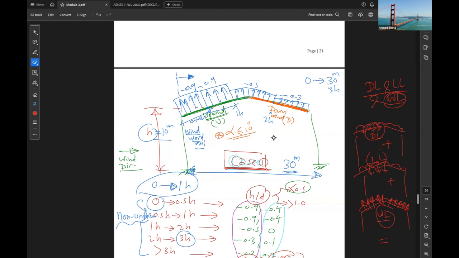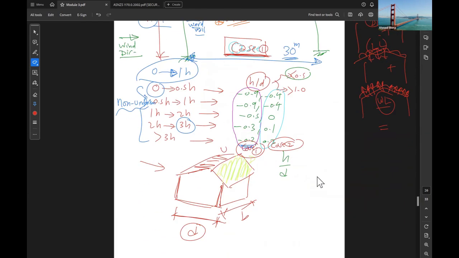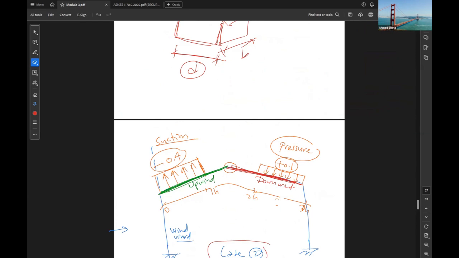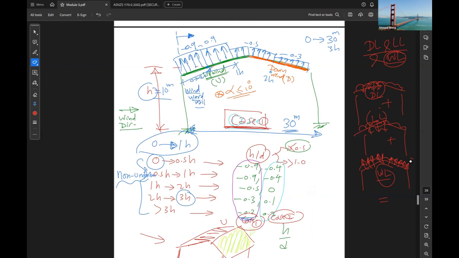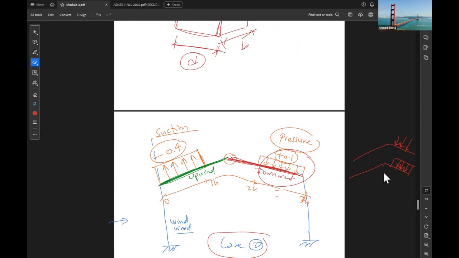So the standard tries to give all the possibilities to assume the critical case. That's why it gives us this case here, because this case has the wind downward. So if you have wind downward here plus dead load downward, you're going to get more pressure on some of the members.